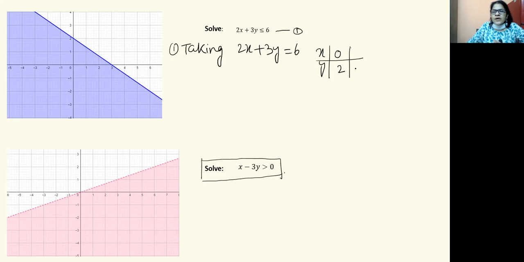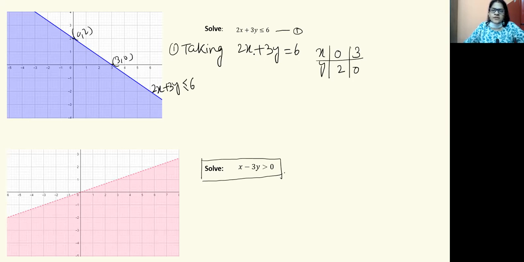And y 0, x 3. So here you can see (3, 0) and (0, 2). Take 2 points, draw the line. Okay, and then you see 2x plus 3y, here we are given less than or equal to 6.